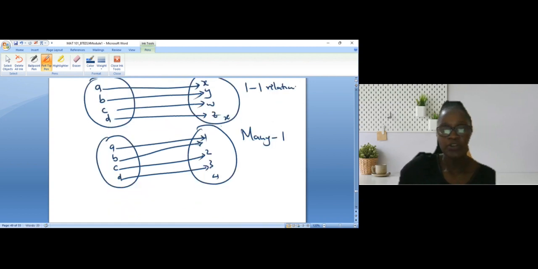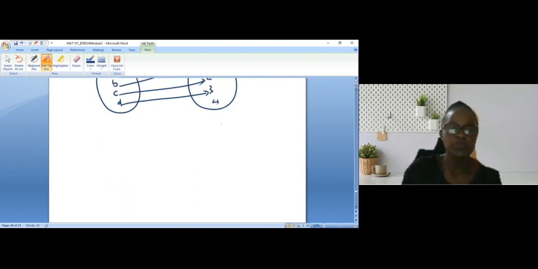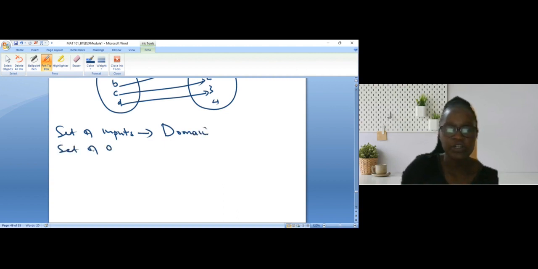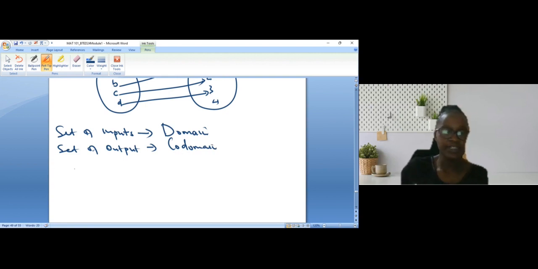Therefore, when you consider functions, you have the set of inputs, which we call the domain of the function, and the set of outputs, which we call the codomain. Remember, a function is a subset of the Cartesian product. So you have ordered pairs, and you can represent it as a relation.